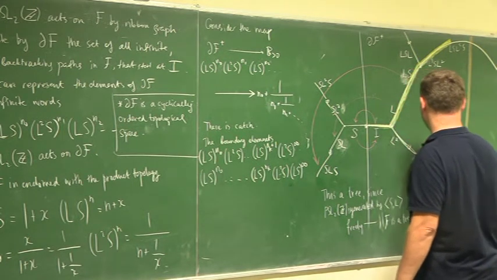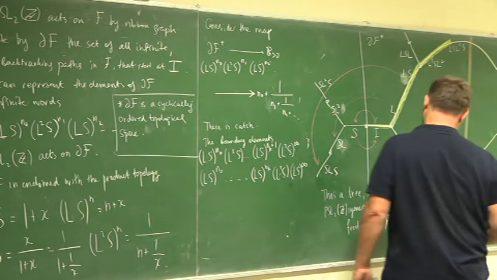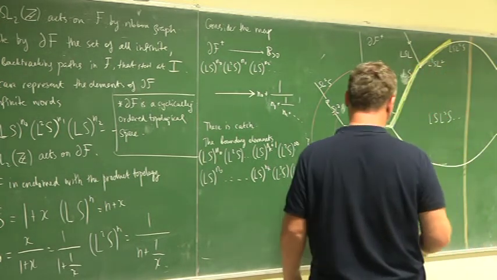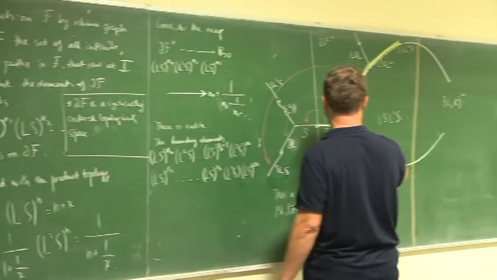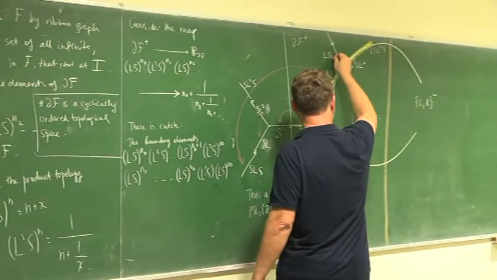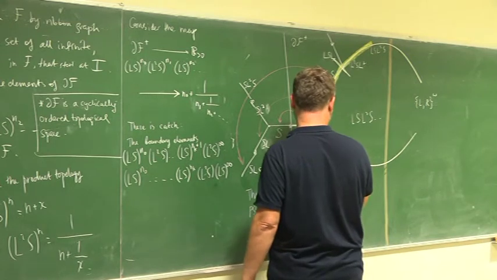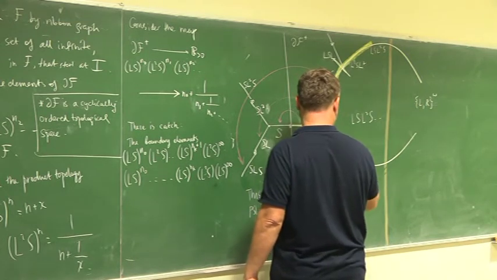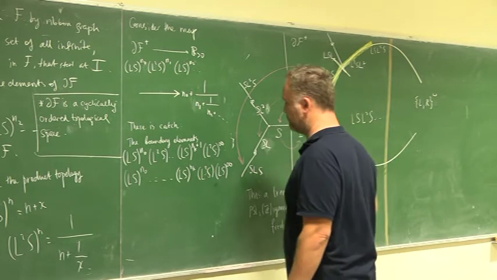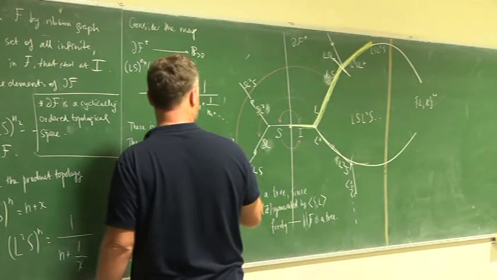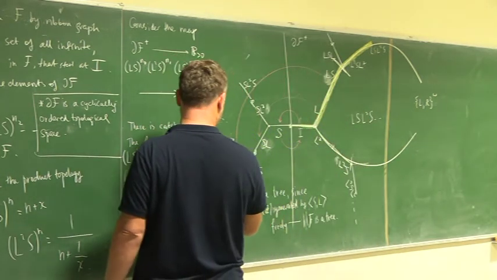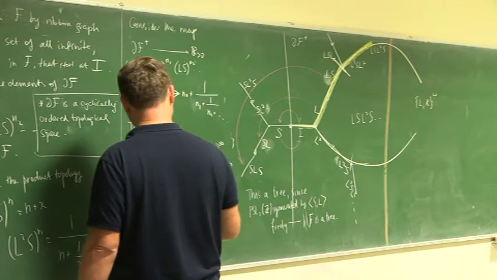So here, at this point it turned left, but after turning left, it always turned right, and here in the beginning it turned right, and after this it always turned left. So the first situation corresponds to this, and the second corresponds to this.